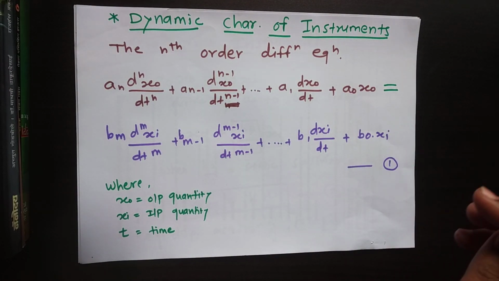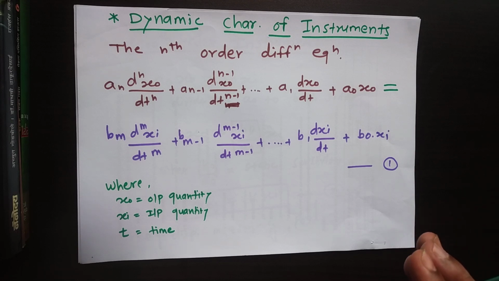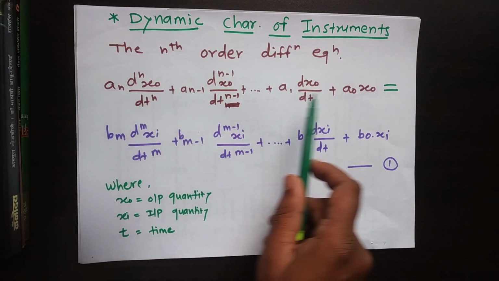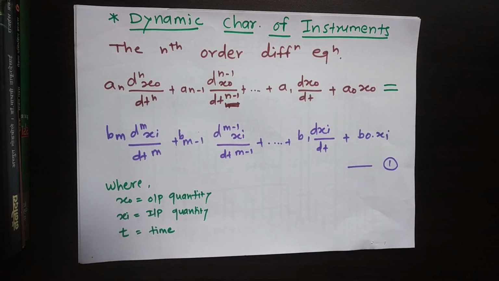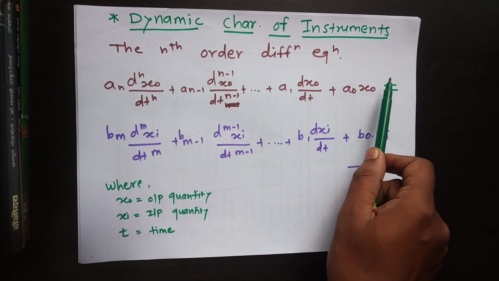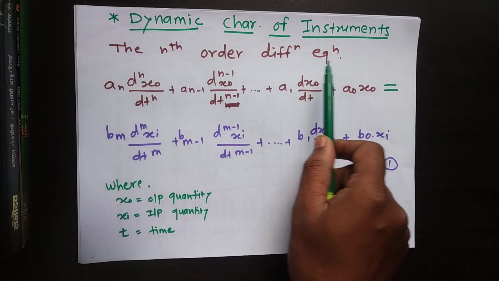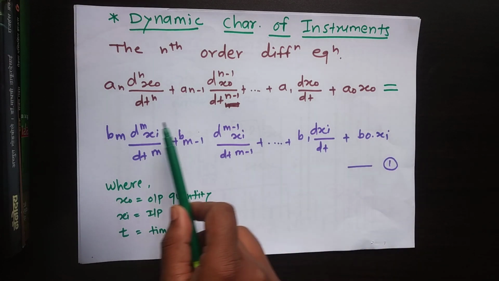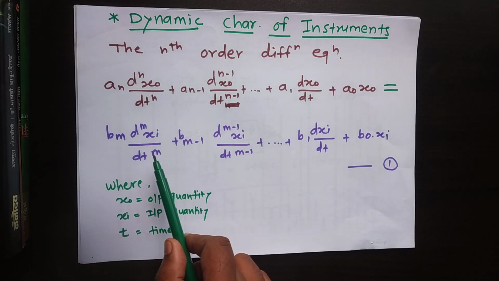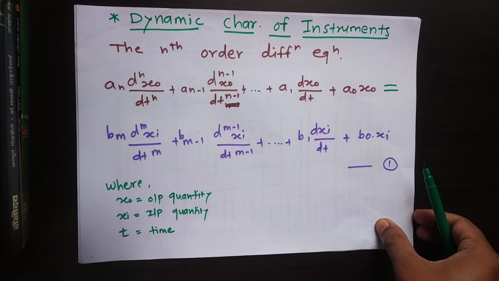For the sake of simplicity, we have taken only three examples, that is zeroth order, first order and second order. So in these lectures we will discuss only these three. We have written one nth order differential equation here, where the terms related to x0 are the output quantity, the terms related to xi are the input quantity, and t is the time.